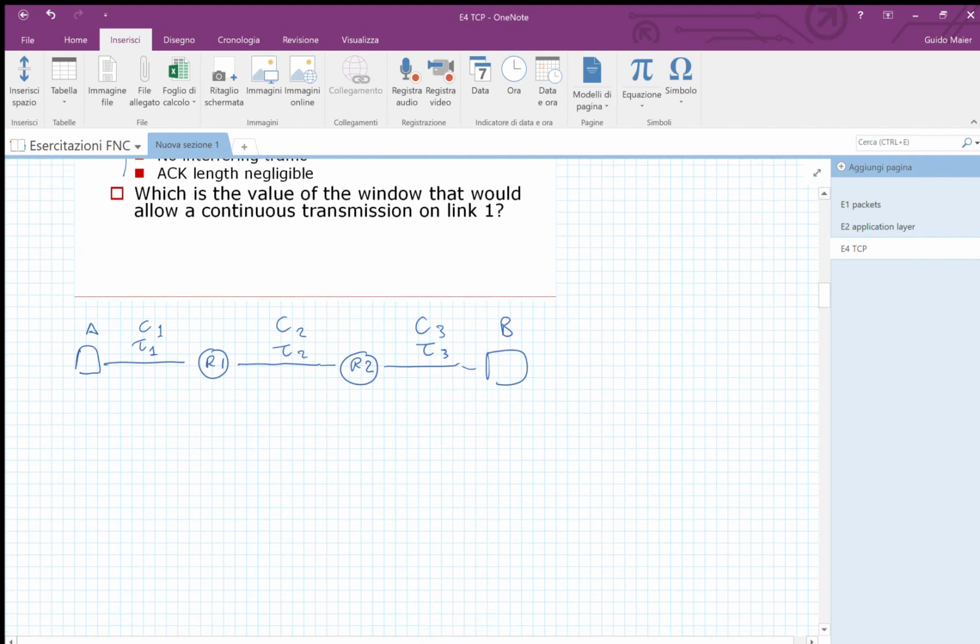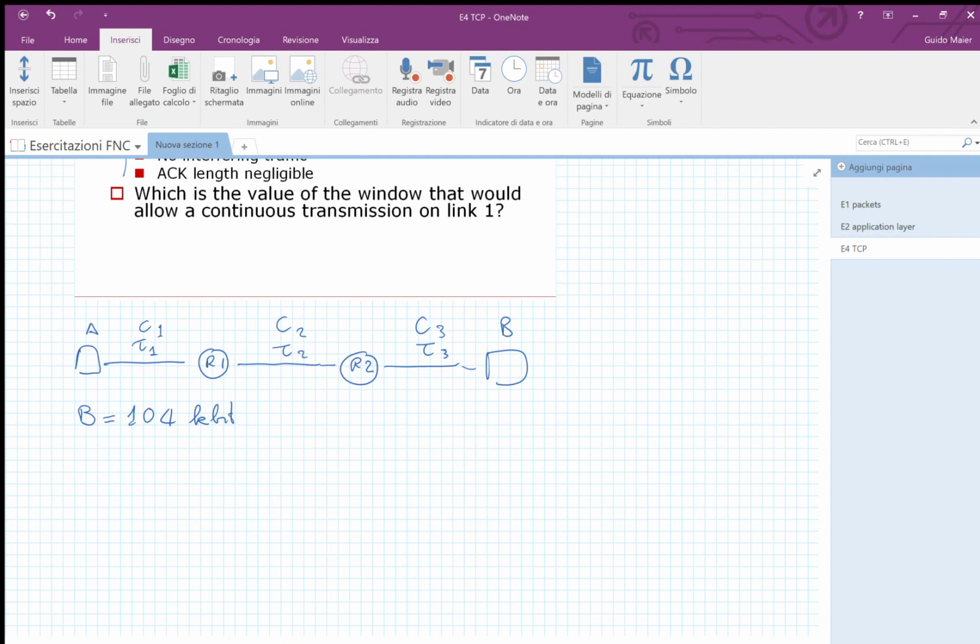And so first of all, the length of the file to transfer, let's call it B, is 104 kilobit. First question is how many segments we have to use to carry this amount of data.